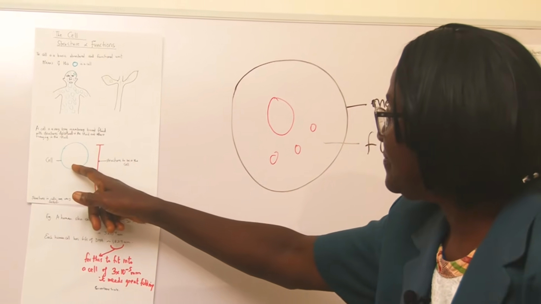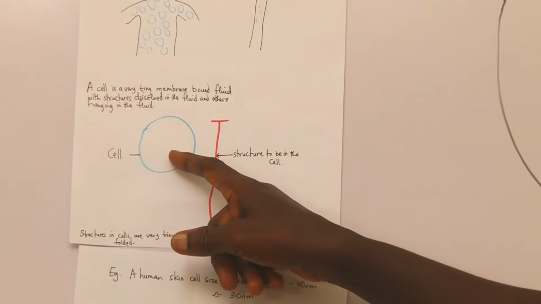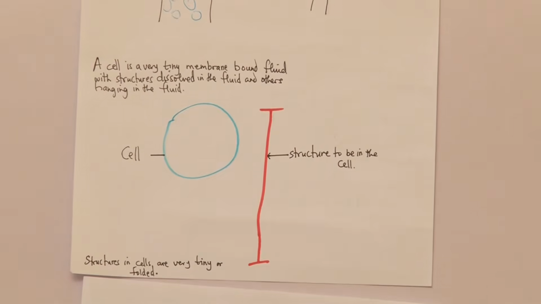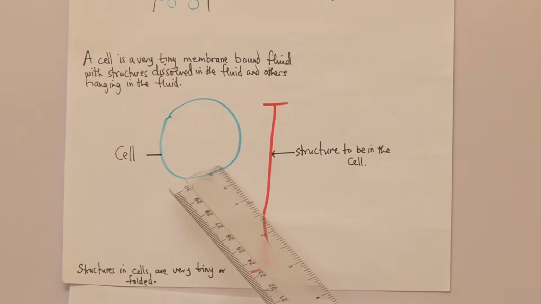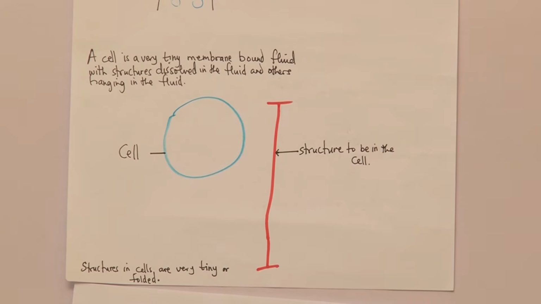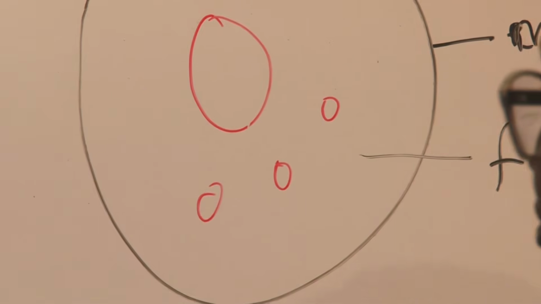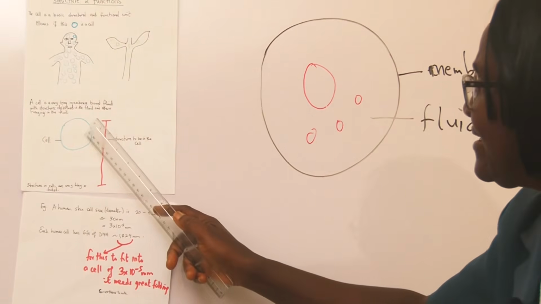And if a structure like this should get into the cell, you will see that only a small part of this structure can enter the cell. So for this structure, we need all this long one to be inside the cell.